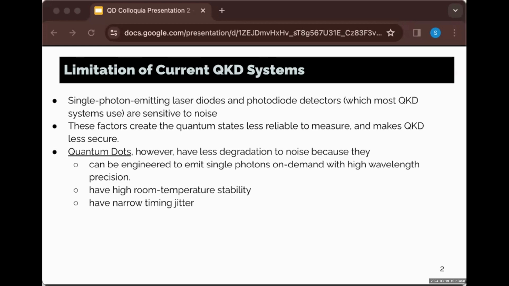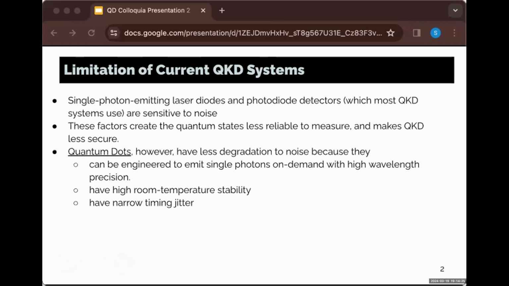Quantum dots present an alternative to these limited current hardware. Quantum dots, similar to laser diodes and photodiode detectors, can both transmit light and detect light, as well as enter superposition and entanglement, both of which are quantum mechanical phenomena that are needed in QKD. What makes quantum dots an interesting alternative is that they have less degradation to noise.